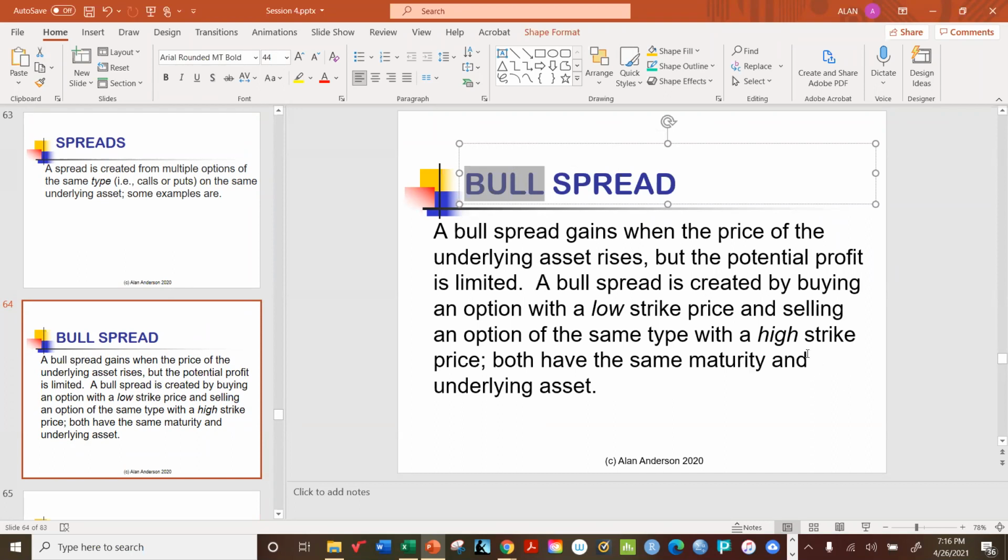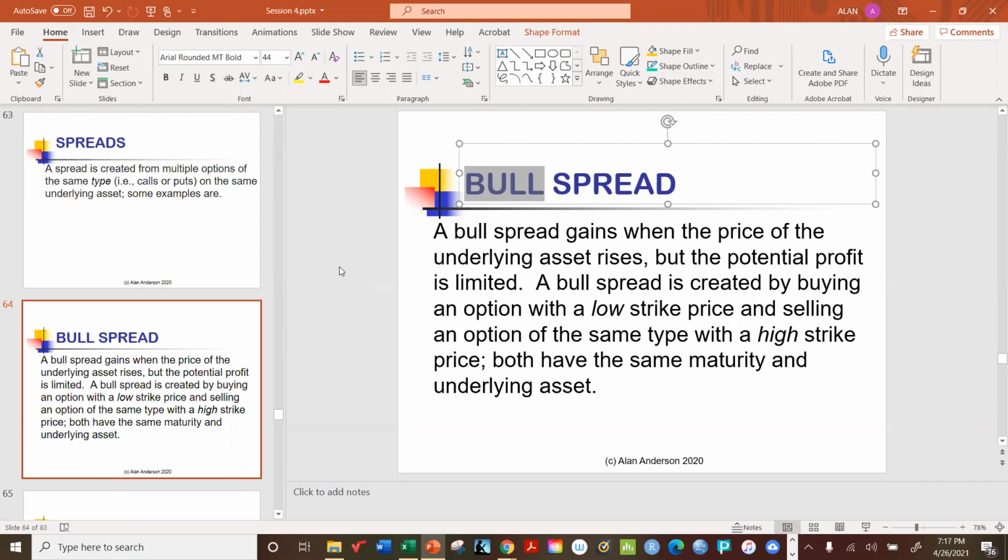And then we're going to sell an option, again it has to be the same, either both calls or both puts, with a high strike price. Both of them are written on the same asset and they both have the same maturity. Otherwise, we're looking at a different position.